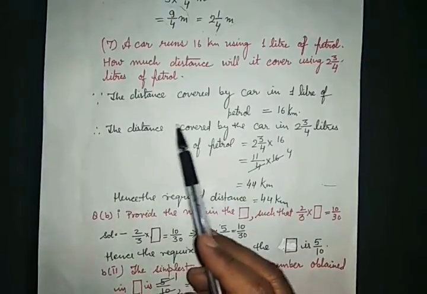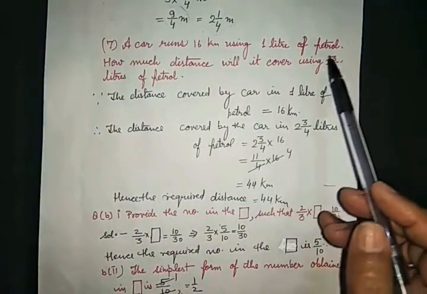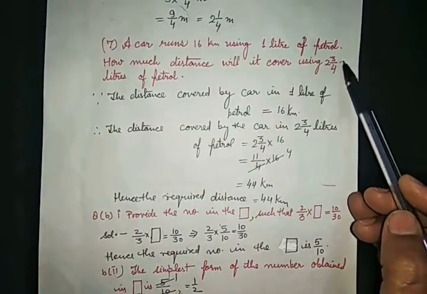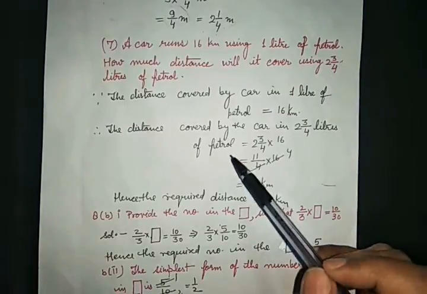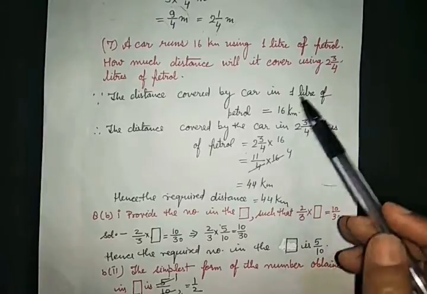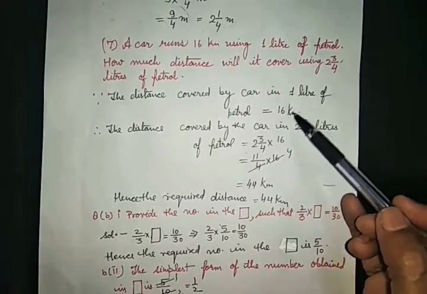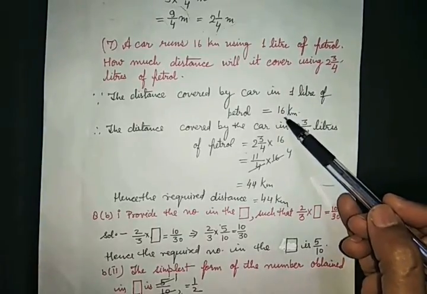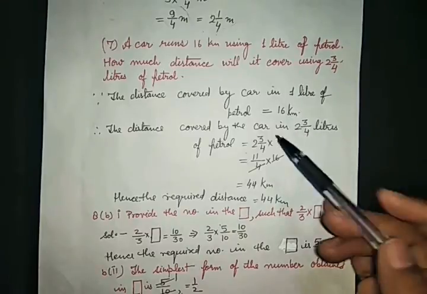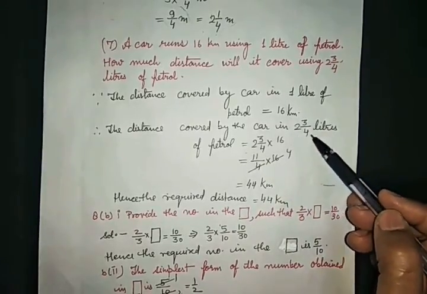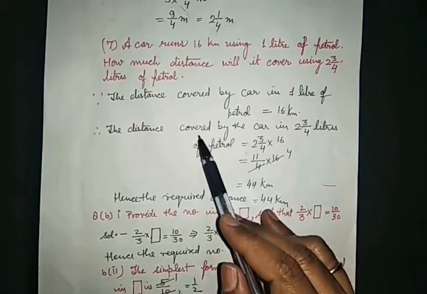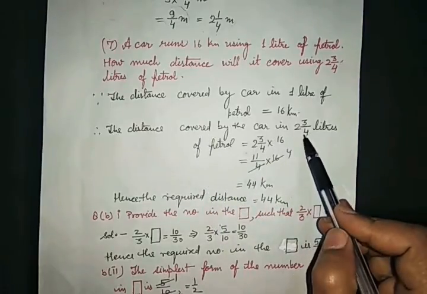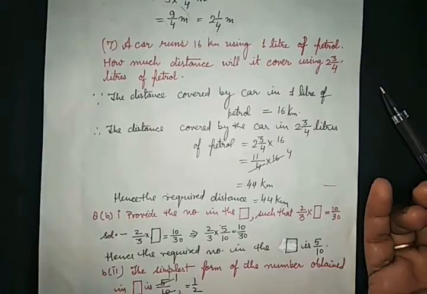Therefore, you want to find out the distance covered by the car using 2 whole 3 by 4 liter. So what you will do? If in 1 liter it goes 16 kilometer, then if the quantity of petrol increases, the distance will also increase.